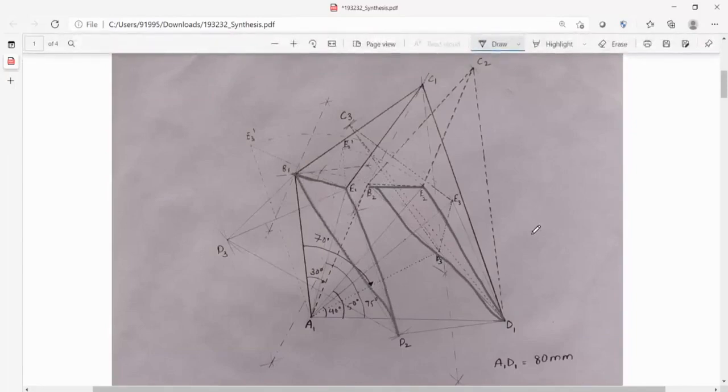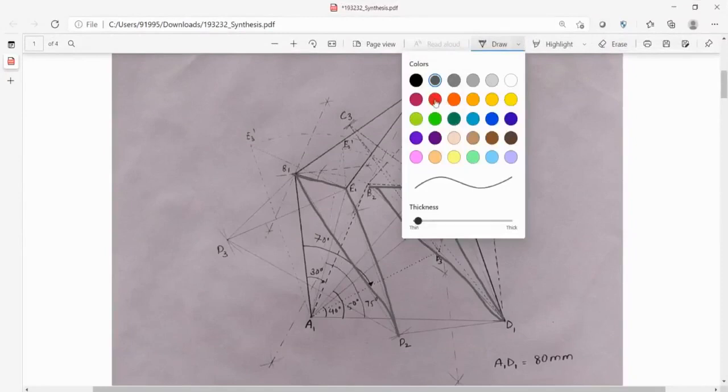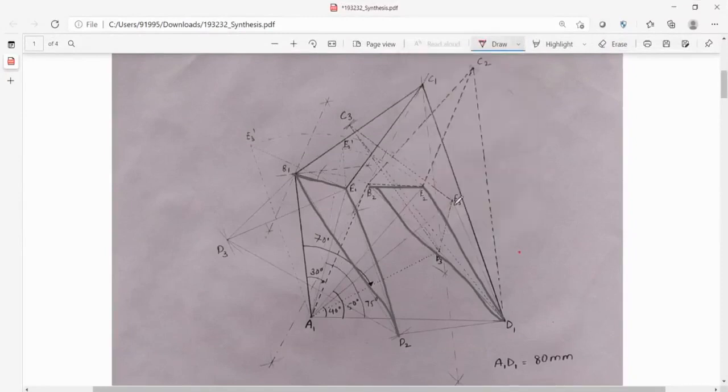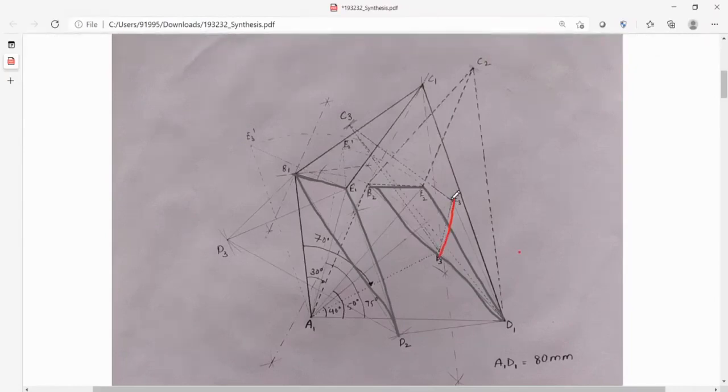And similarly, we are going to construct triangle E3, B3, D1, and congruent to this triangle, we will construct another triangle B1, E1 and D3. So we got 2 points. These are D2 and D3.